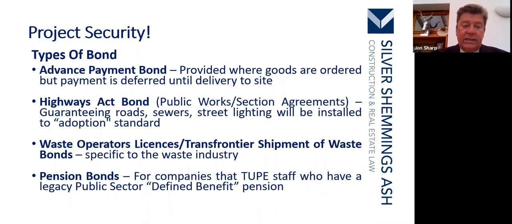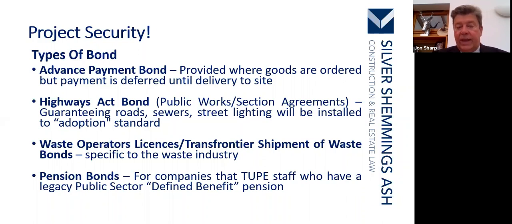There's a Highways Act bond as well that works in relation to public works and section agreements. These guarantee road, sewer, street lighting will be installed to adoption standard. So when you've built your nice housing estate of 5 luxury detached properties, it will mean that if the road you put down does not comply with local authority standard, etc., then you can have a Highways Act bond to assist.